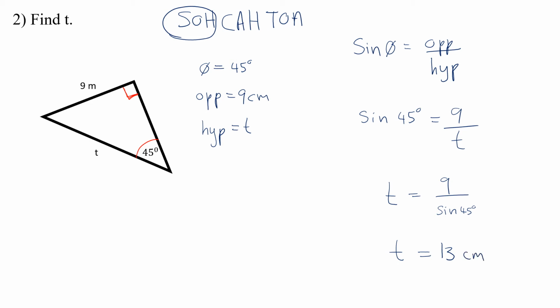Good. Oh no, not centimeters. In this case, I'm dealing with meters. I put centimeters here too. 9 meters. So here will be 13 meters. And that's our answer. That's t for us. Good. So bear that in mind.